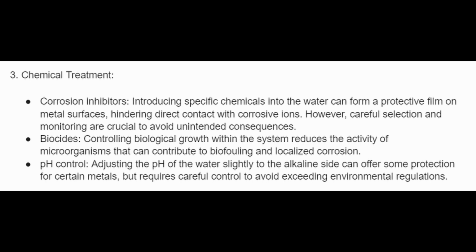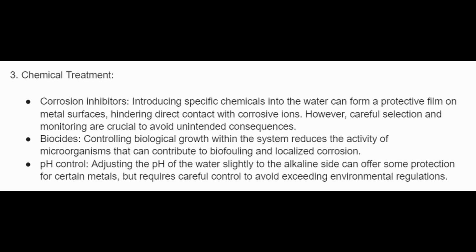3. Chemical treatment. Corrosion inhibitors: introducing specific chemicals into the water can form a protective film on metal surfaces, hindering direct contact with corrosive ions. However, careful selection and monitoring are crucial to avoid unintended consequences.